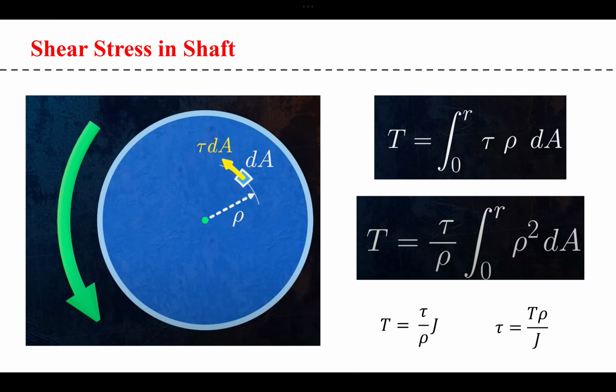Now let's say you have an elemental area dA and you have the shear stress applied. The shear stress is tau.